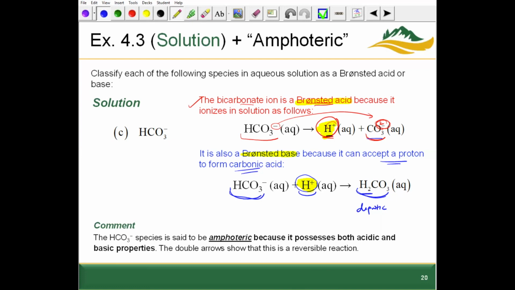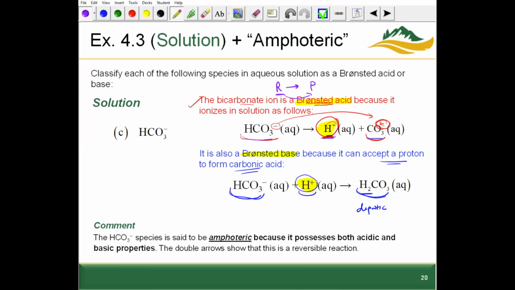When thinking about accepting or donating a proton, one way that I recommend thinking about it is from the reactant side to the product side. Is a proton being donated from the reactant side to the product side? Yes, right? So this is donating a proton. Starting on the reactant side, it donates a proton that we see then on the product side.